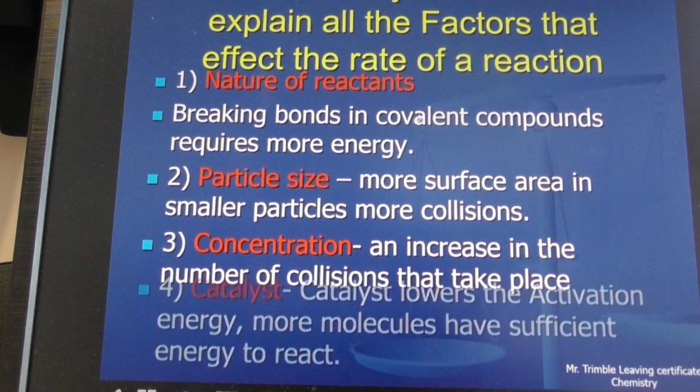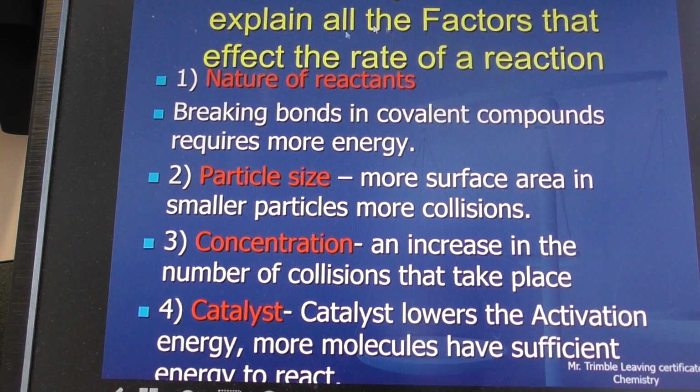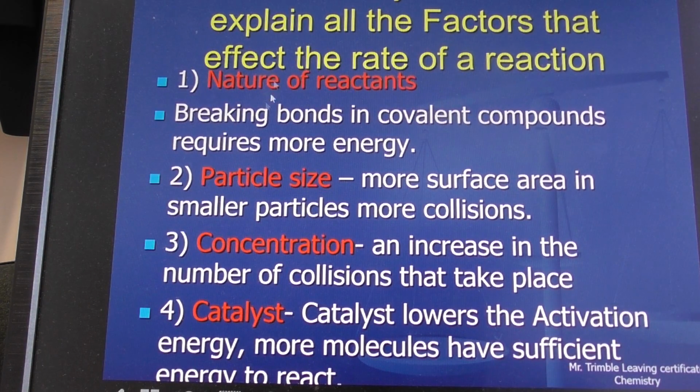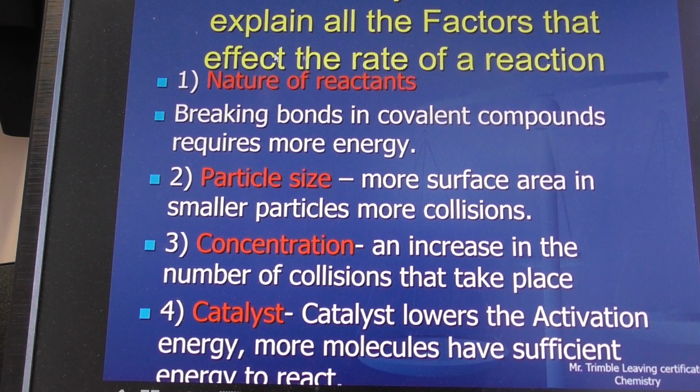Again, to run through each of the things that we did at the start of this chapter, and in one of the videos I gave you earlier, like the nature of the reactants, the particle size, the concentration and the catalyst, all of those things can be explained through the use of collision theory. If we talk about the nature of reactants, bonds will break in covalent compounds, which requires more energy. Therefore, the molecules must collide with a greater force.